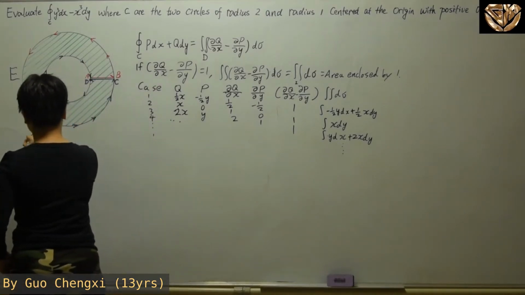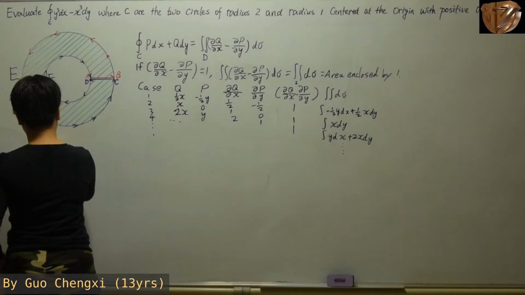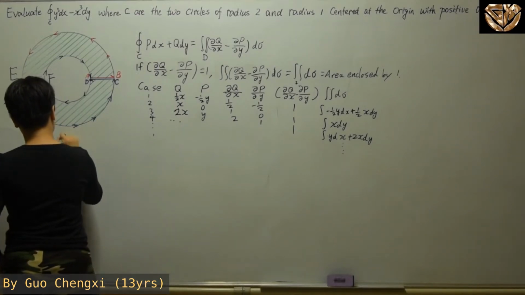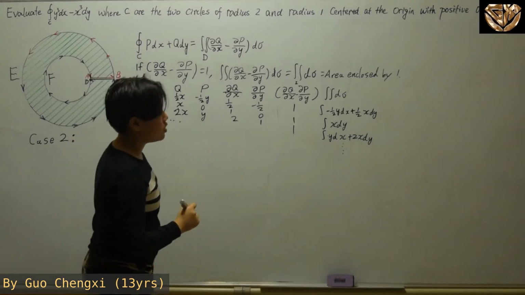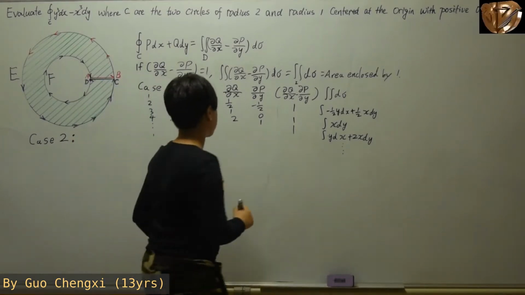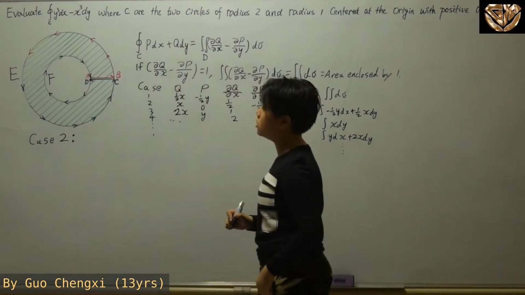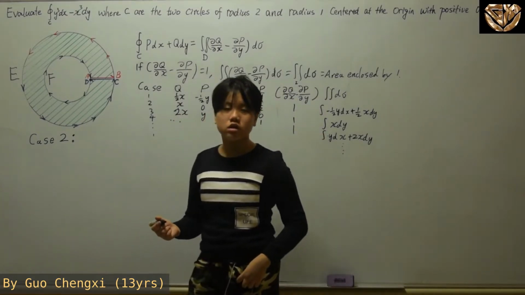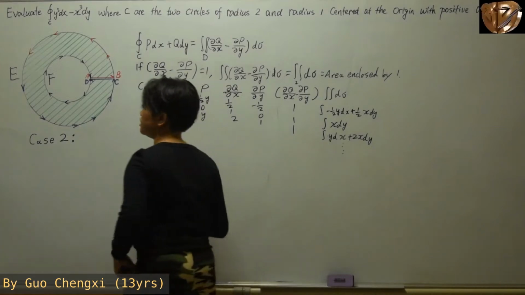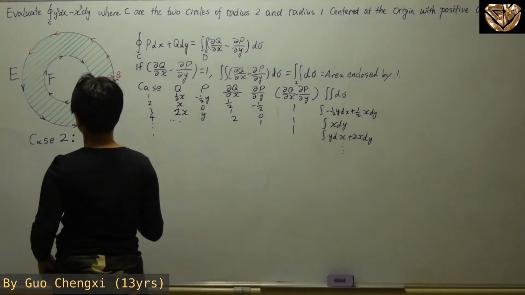So for case 2, just like case 1, we'll be changing from Cartesian coordinates to polar coordinates. Despite changing into polar coordinates, it doesn't mean that this will become a circle.